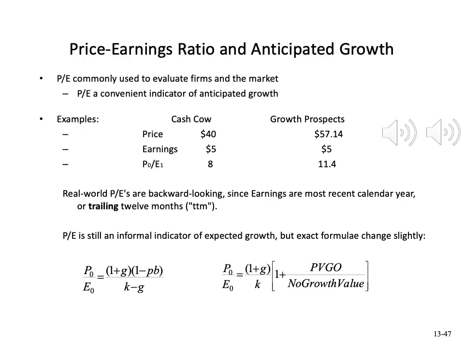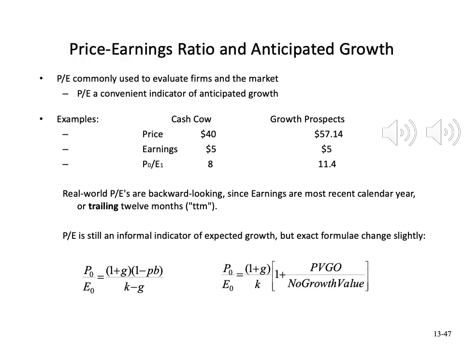The earnings used are from the past calendar year or fiscal year, which is called the trailing 12 months P/E ratio. When Yahoo Finance and Google Finance report the P/E ratios, they actually report P0 divided by E0.